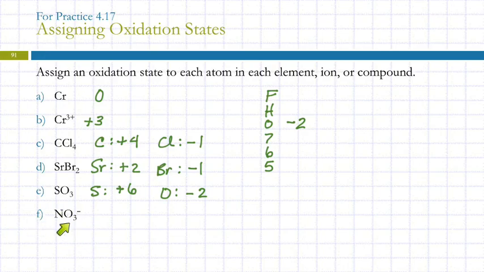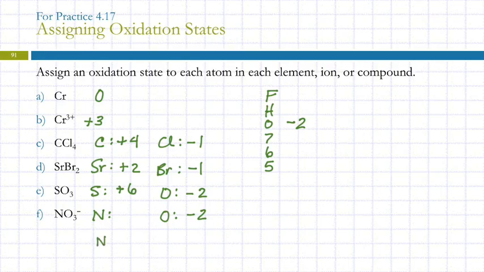Here we've got NO3-. This is nitrate ion. So we've got 2 elements. We've got nitrogen and we've got oxygen. And we go through Fe765, fluorine, nope, hydrogen, nope, oxygen. Oxygen gets what it wants. It wants to be -2. Now this one's not quite as easy as the SO3.